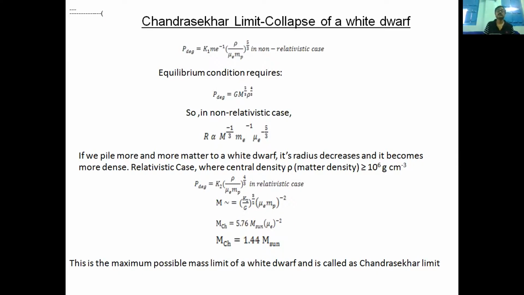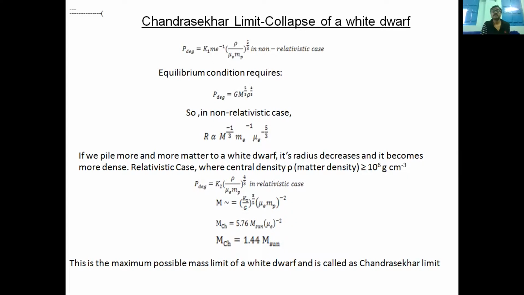Now we have to apply the degeneracy pressure for the relativistic case, and when we equate the degeneracy pressure of the relativistic case to the equilibrium condition, we get M proportional to some fundamental constants. So when we put in the values of these constants, we get M equal to 5.76 solar masses times mu_e raised to minus 2.